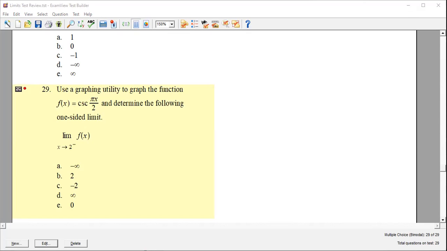So I wrote it down. We're going to do alpha y equals, and instead of cosecant, it's going to be 1 over sine of pi x over 2. So I did another alpha y equals in the bottom.